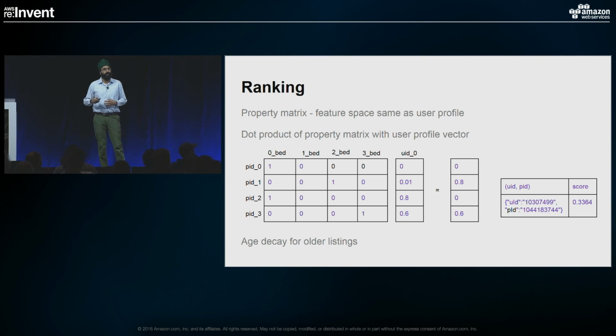There are also additional features, such as age decay, popularity-based scores, and quality scores, that are part of this feature set. But ultimately, it's a very simple operation once you compute the user vector and do the featurization.